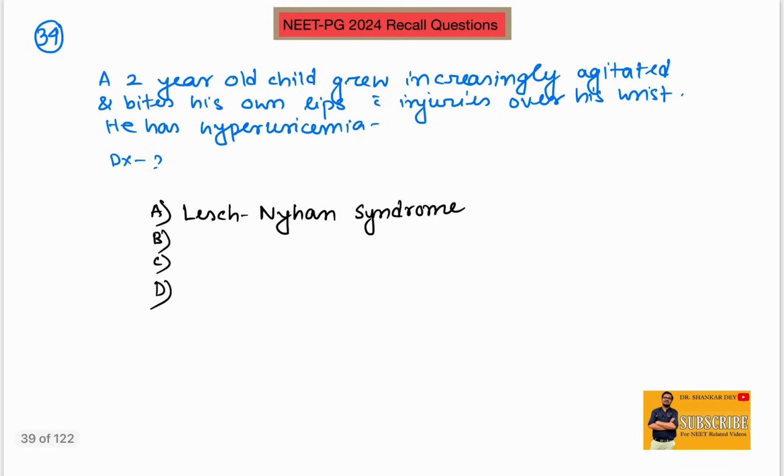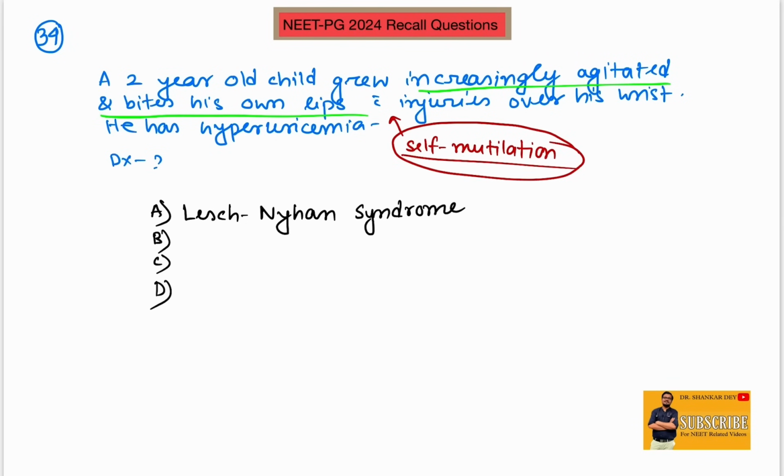Question 34. A 2-year-old child grew increasingly agitated and bites his own lips. This is the typical description of self-mutilation, a term I think all of you are aware of, with injuries over his wrist, and he has hyperuricemia.